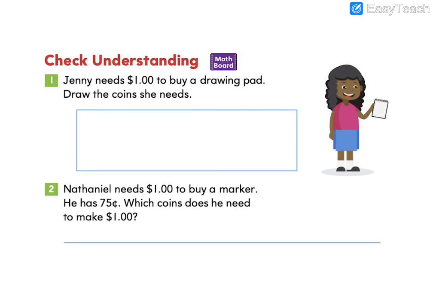All right, let's look at the check understanding. The first one asks you, Jenny needs $1 to buy a drawing pad. Draw the coins she needs. So you're going to draw a total of coins to get to 100 cents. Nathaniel needs $1 to buy a marker. He has 75 cents. Which coins does he need to make $1?